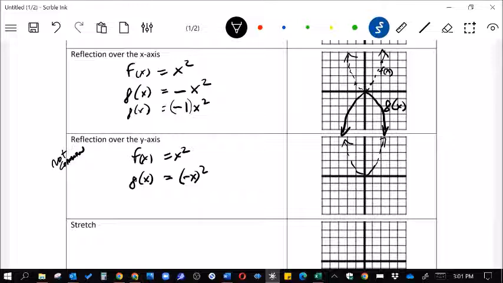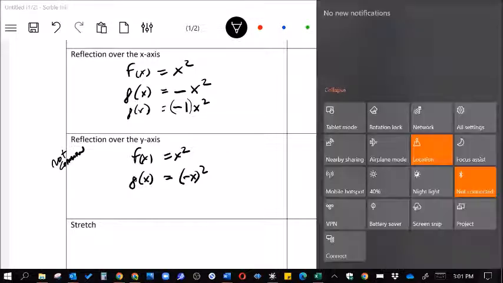The thing about this is that you can't tell the difference right now. So a point here would go over to here, and it's the same as that point that's there. A point that's here would go over to here because it's going over the y-axis, ends up in that arm. So the two arms do switch. You just can't tell from here. It would be if there's a different place.